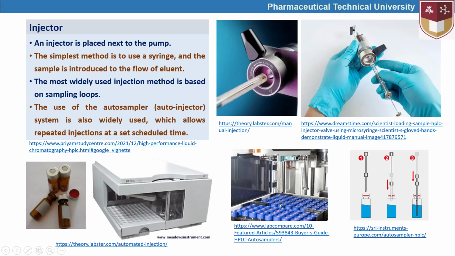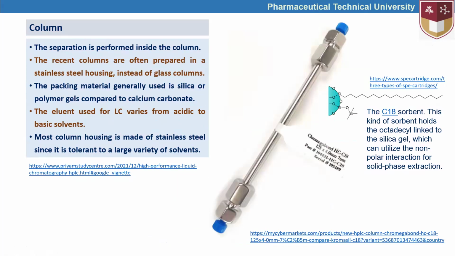From the exact vial, it takes a sample and sends it to the injector that we call the auto injector. This is how the samples are taken and sent to the injector.